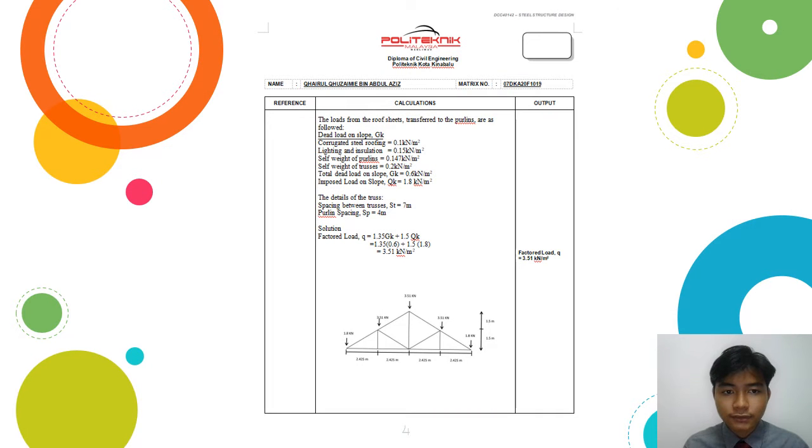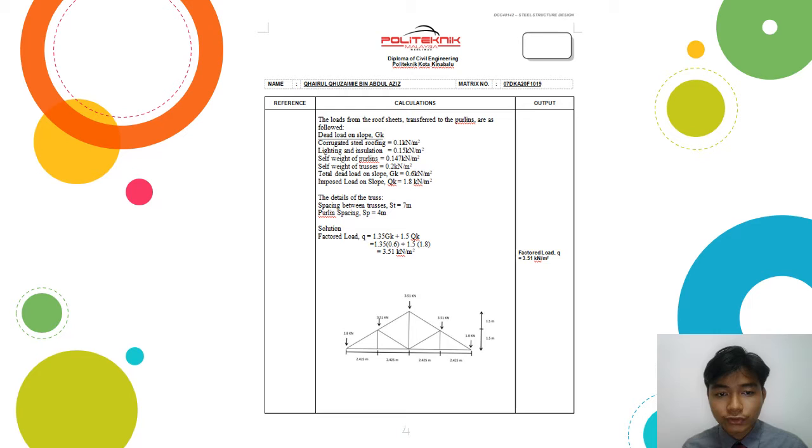The loads from the roof sheets transferred to the purlin are as follows. Dead load on slope, or GK: corrugated steel roofing 0.1 kN/m², lighting and insulation 0.15 kN/m², self weight of purlins 0.147 kN/m², self weight of trusses 0.2 kN/m².